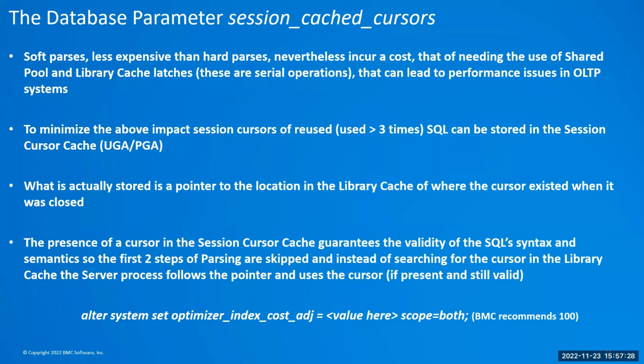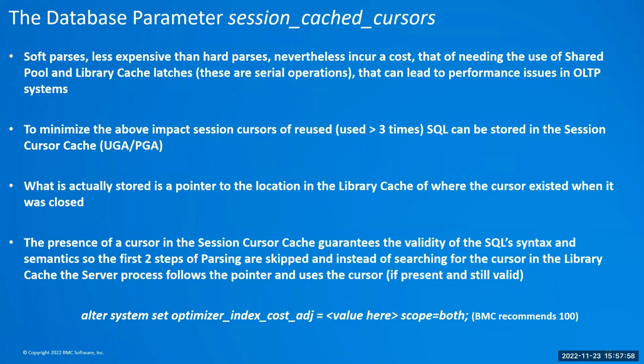Basically, a parameter called session cached cursors, we recommend a value of 100. To make a long story short, this is again more for DBAs, but you can ask your DBA to look into this. Hard parses are where the database has to start from scratch, do a semantic check, a syntax check, and then a whole bunch of checks to come up with an execution plan, looking at the costs, etc. That's a hard parse, and hard parses are very resource intensive.